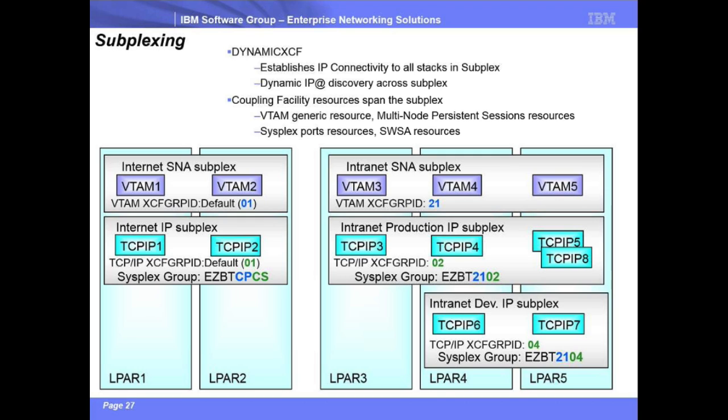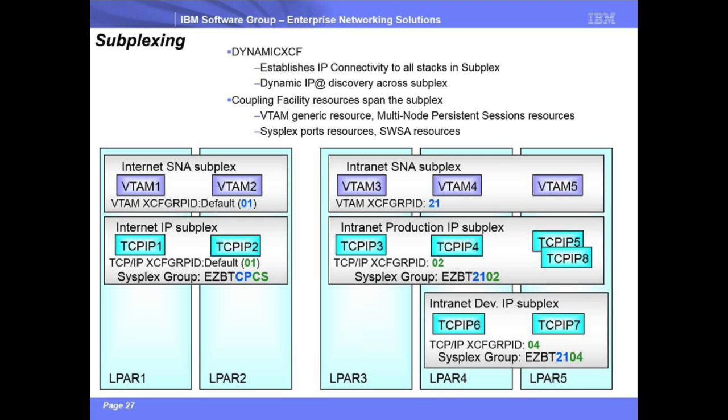So in this example, if you look at TCP/IP1 and TCP/IP2, they're part of a default subplex, EZBTCPCS, and so information about their localized Sysplex is only established between LPAR1 and LPAR2. And then another Sysplex group has been established called an intranet production IP subplex.